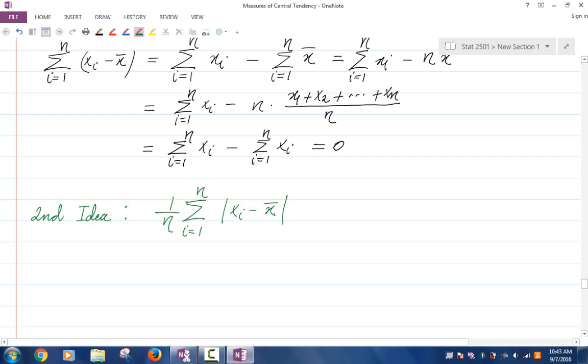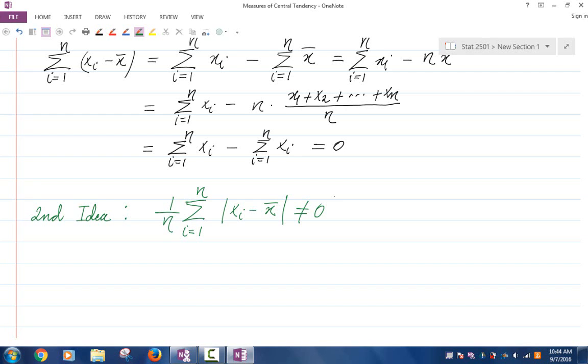Well, this is not going to be 0, obviously, because these are all positive numbers, right? So this is a very good measure, by the way. The only problem is, anytime you have seen problems with absolute values in calculus, were you irritated by that?